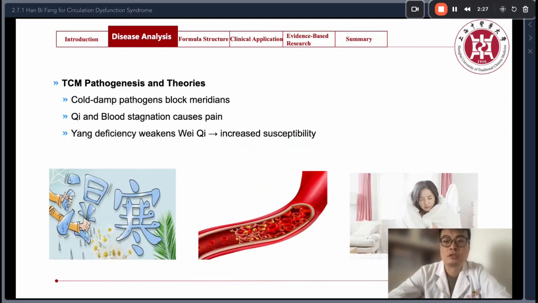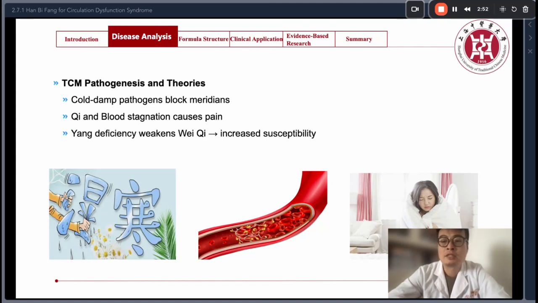Cold B is caused by the invasion of cold and damp. These are external pathogens that penetrate the skin and settle into the meridians and joints. If a person's yang qi is weak, especially the wei qi, their ability to fight off this invasion is reduced.